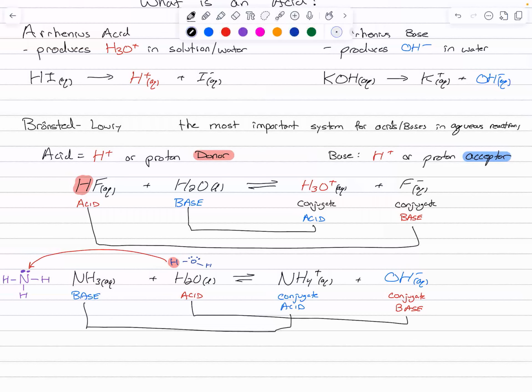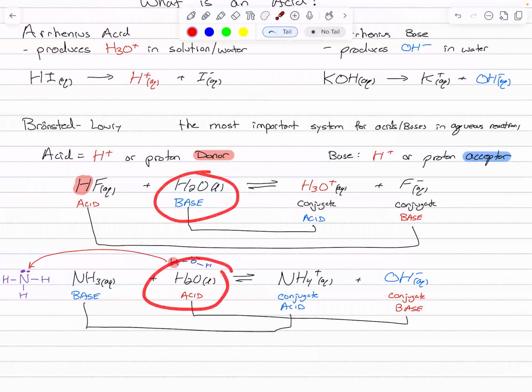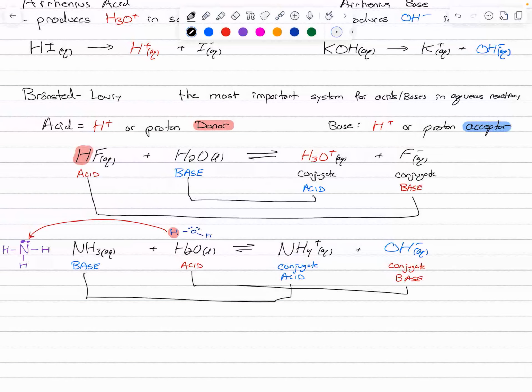All right. Now you might have noticed something. I said water's a base there. Water's an acid there. It's kind of neat. What's going on here? Well, water is an example of amphoteric.